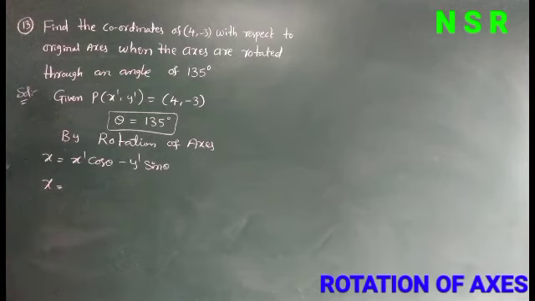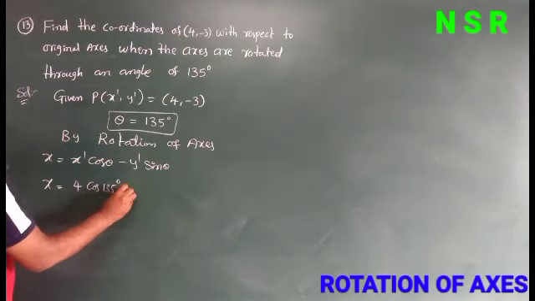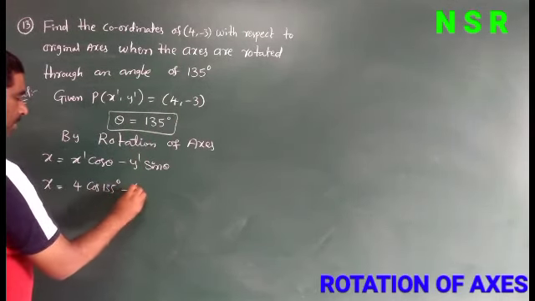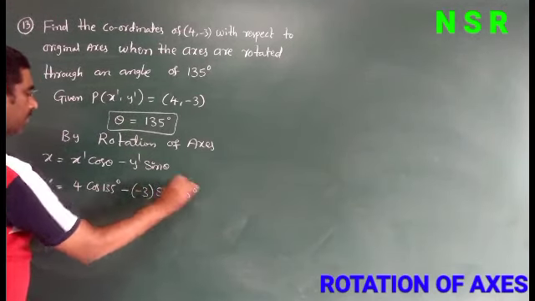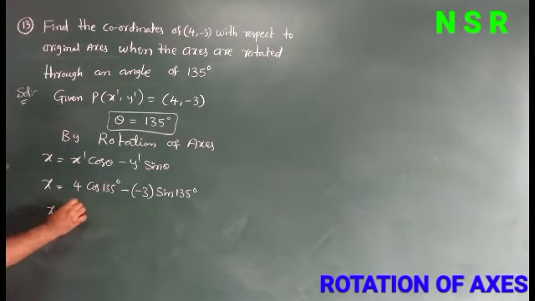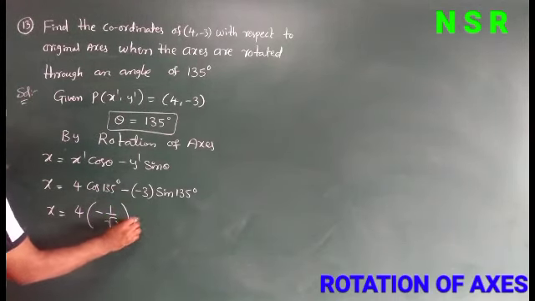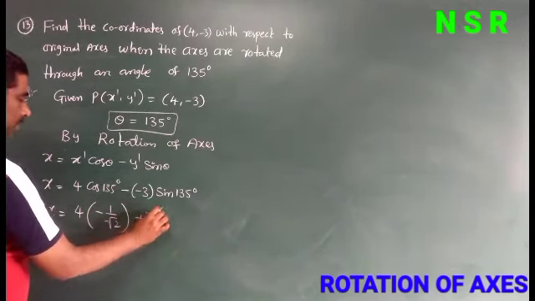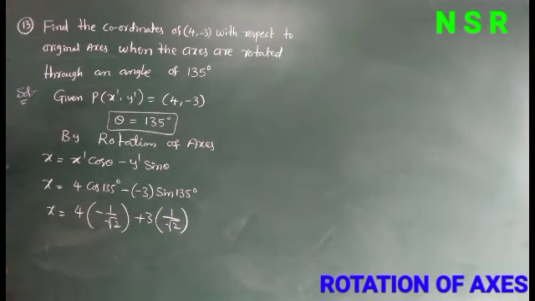So x = x' value 4 into cos 135 minus y' value (−3), minus of minus 3 into sin 135. Now x = 4 into cos 135, whose value is −1/√2. So minus into minus is plus 3, and sin 135 is 1/√2.